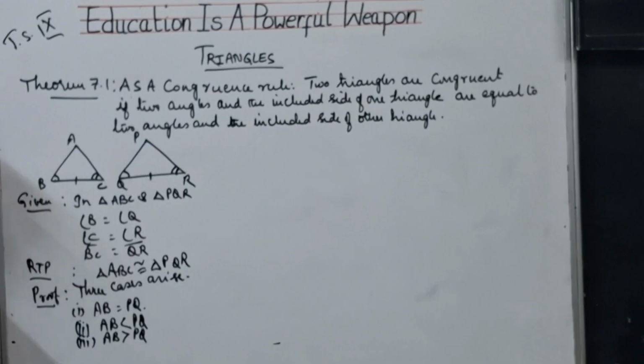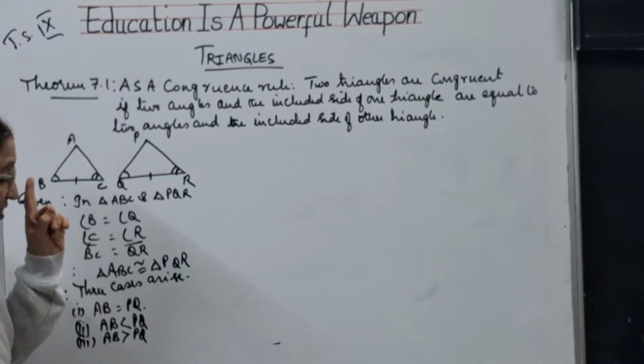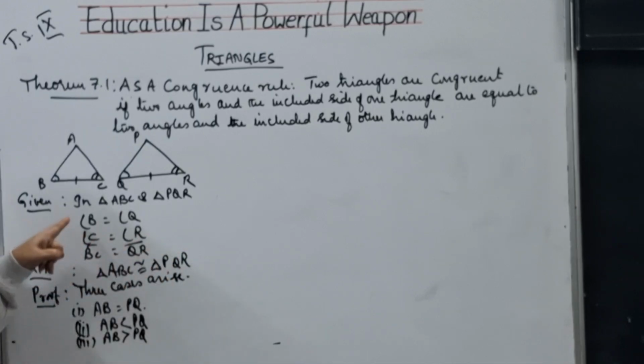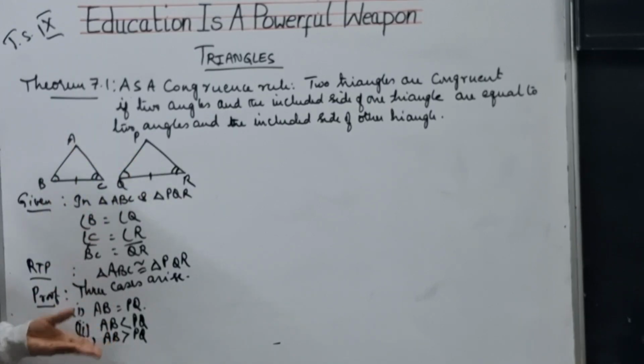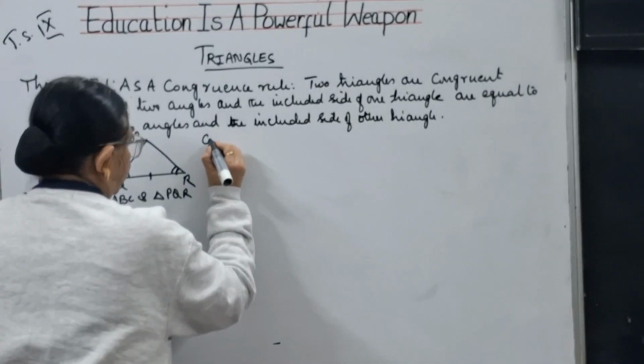In all these three cases, we have to prove, children, that in any way the two triangles are congruent if this property exists. That means the remaining side may be greater than, less than, or equal to. Based on that, let us see the case 1 proof.